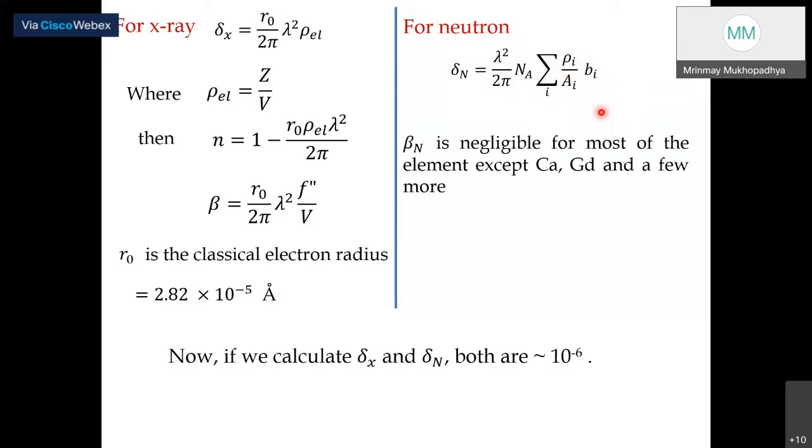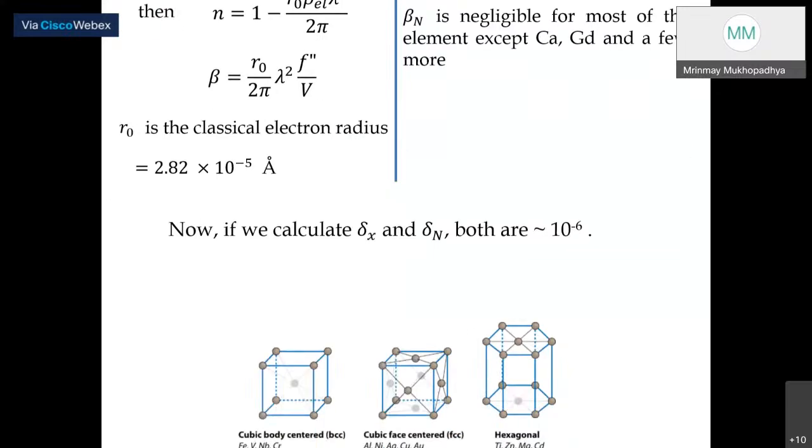If you multiply with b_i, then you can calculate the scattering length or the scattering function for the neutrons of the same material. Both delta X and delta N are of the order of 10⁻⁶. This was just a recap of the first day lecture.